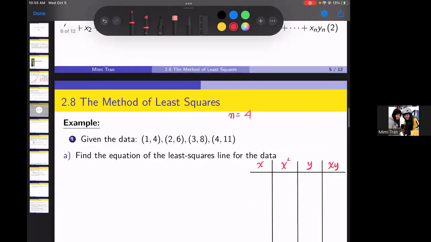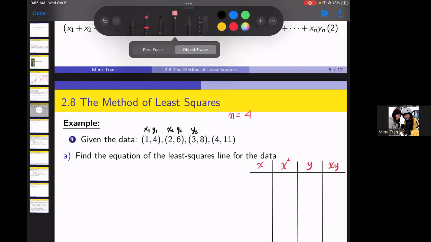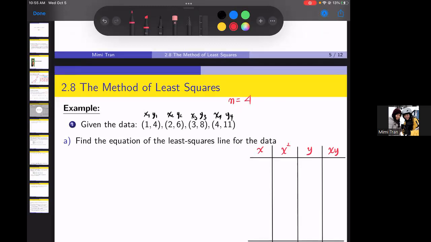All right, write out what's x. Oh, by the way, these are your x1, y1, x2, y2, x3, y3, x4, y4. You don't have to write this down. So let's do x first. X is 1, 2, 3, 4. X squared will be what? 1 squared is 1, right?